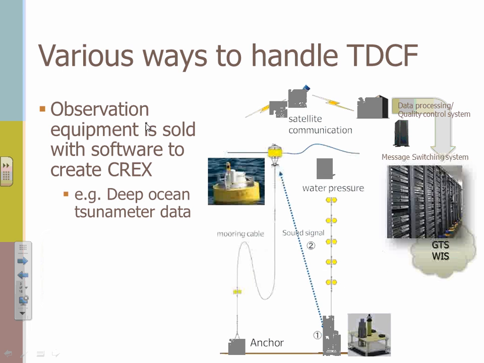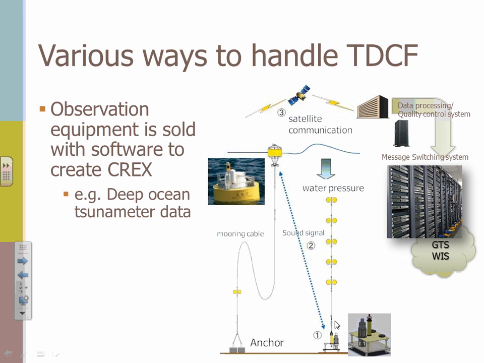Well, sometimes the observation equipment is sold with software to create CREX. This is a relatively new example from Japan. JMA installed the deep ocean tsunami data equipment, called DART. This equipment consists of a water pressure sensor on the bottom of the sea.